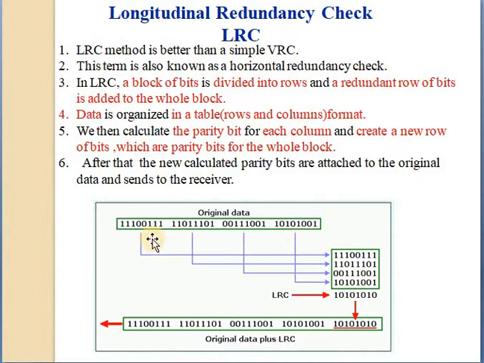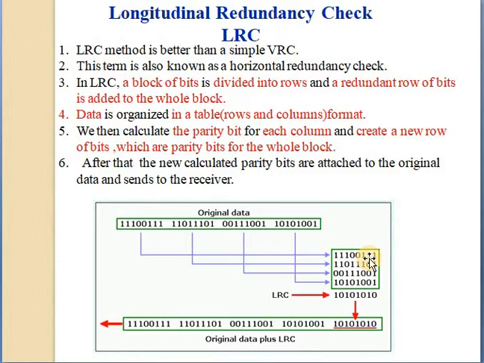One by one we add these blocks in a table format. First of all we add the first block, after that the second, third and fourth blocks. After that we calculate the parity bit. Here we use an even parity bit.